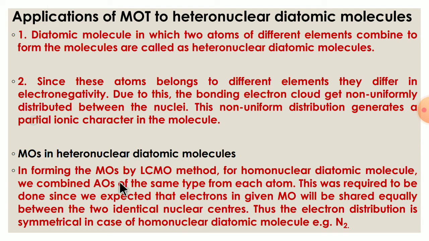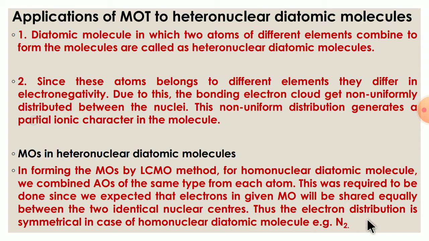In forming the molecular orbitals by the LCMO method for a homonuclear diatomic molecule, we combine atomic orbitals of the same type from each atom. This was required to be done since we expected that electrons in the given molecular orbital will be shared equally between the two identical nuclear centers.